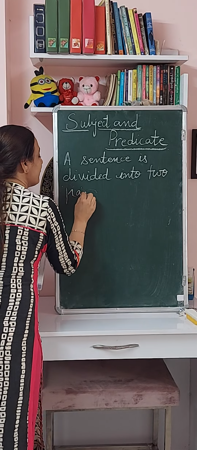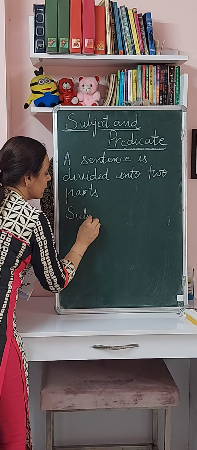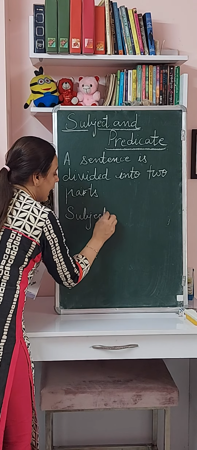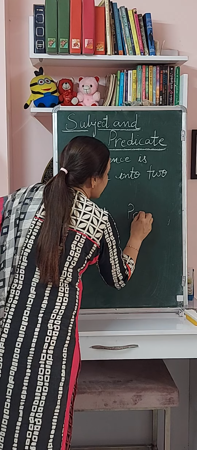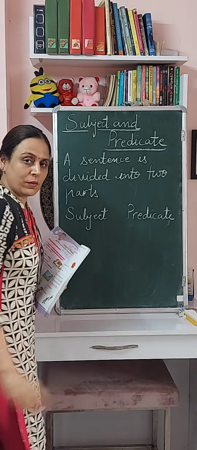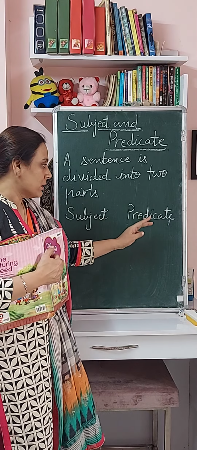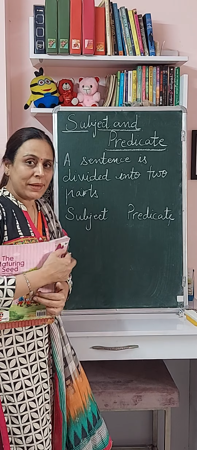Which two parts? One part is called the subject and the other part is called the predicate. All right. So a sentence is always divided into two parts. One part is called the subject and the other part is called the predicate.